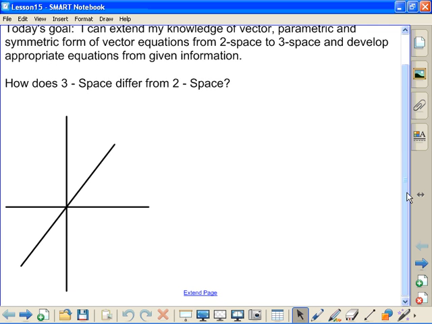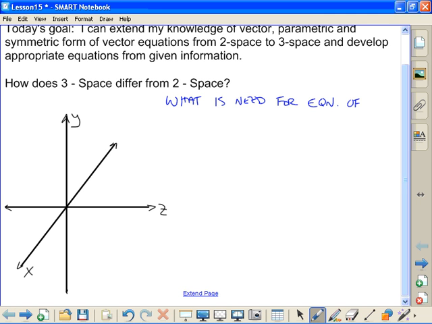So how does it differ? So if I create a Cartesian plane, again, every textbook seems to want to draw it differently. So if I have my Cartesian plane, what do we need in order to have the equation of a line? So what is needed for the equation of a line?